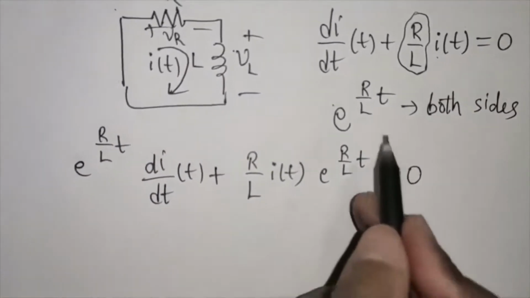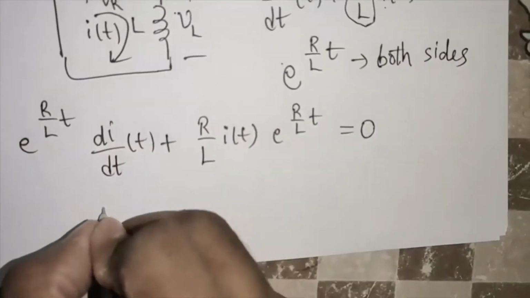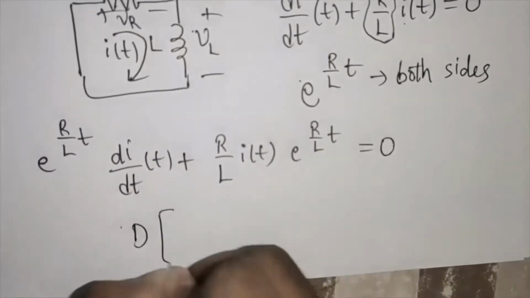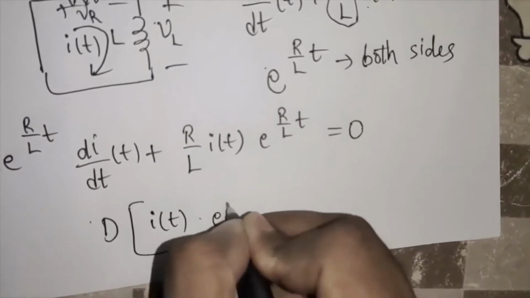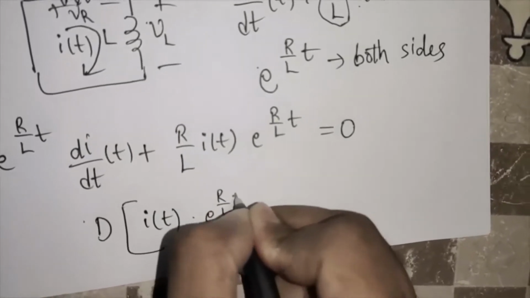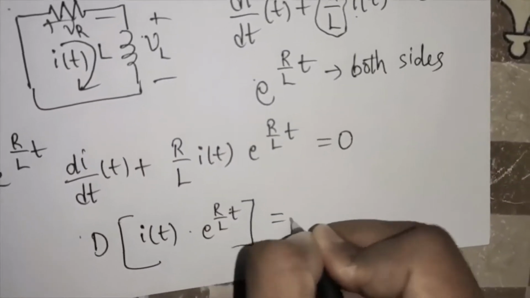This expression I can write as d of I of t into e power R by L into t, equal to 0.